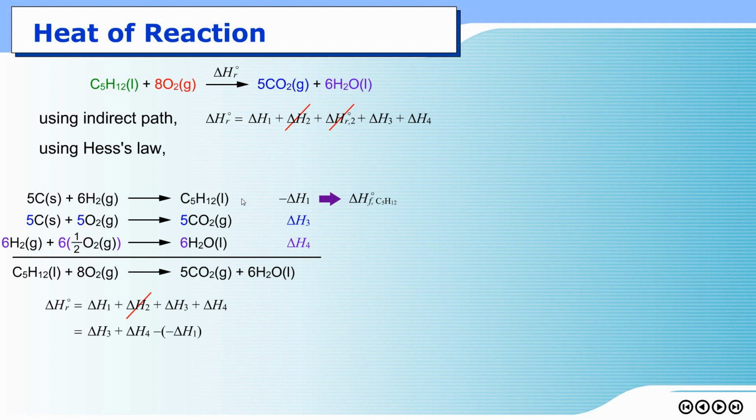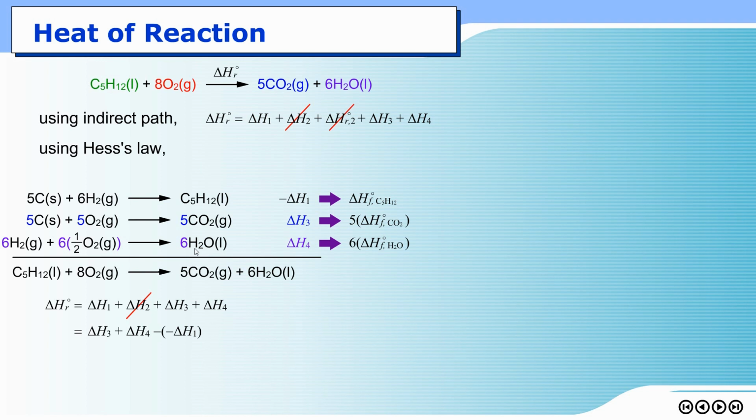For the second one, if you consider only the black letters, you can see that this is a formation reaction, the reaction that forms carbon dioxide, and the heat associated with it is 5 times the heat of formation of carbon dioxide.